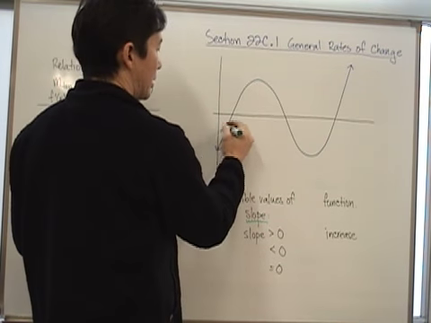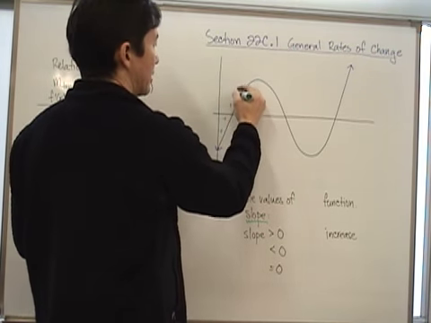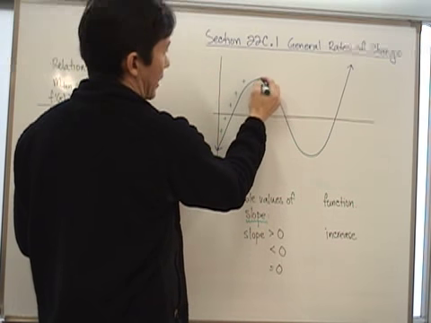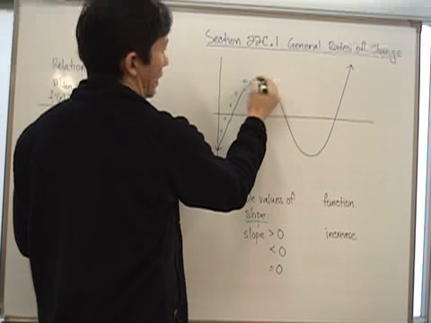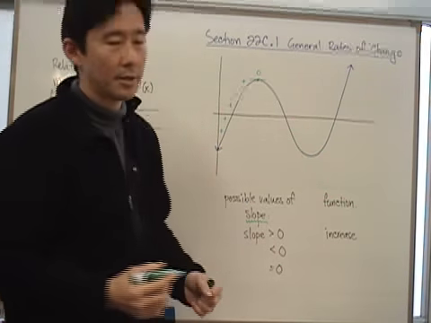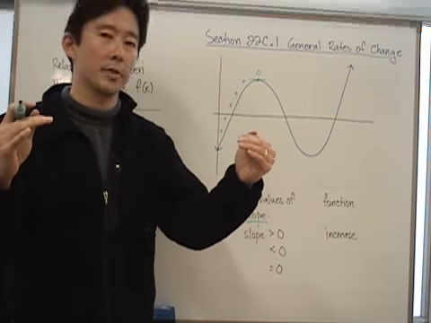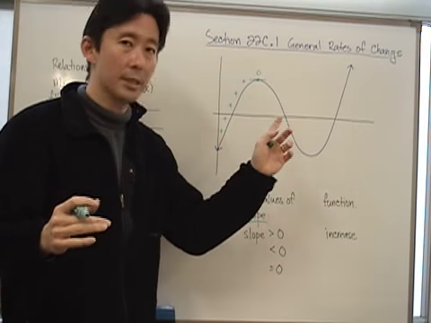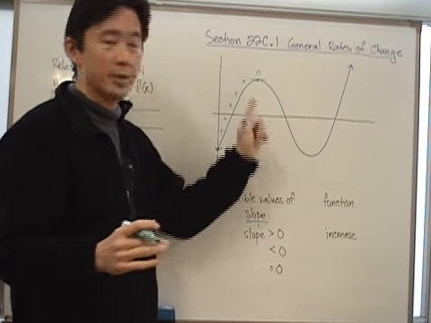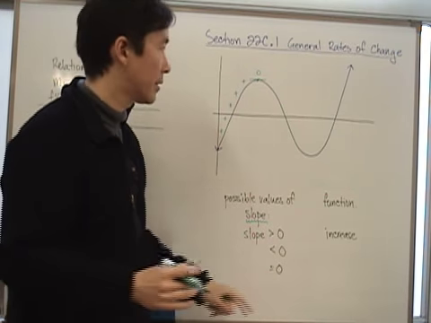Here all of these are positive slopes, and then all of a sudden it gets to here. And at here, I'm going to draw that, because that tells me that the instantaneous rate of change at that particular point is going to be 0. We know that the slope is 0.